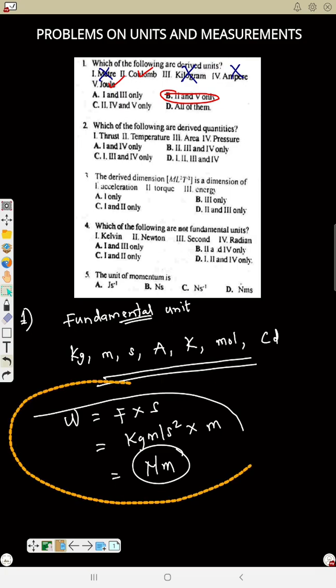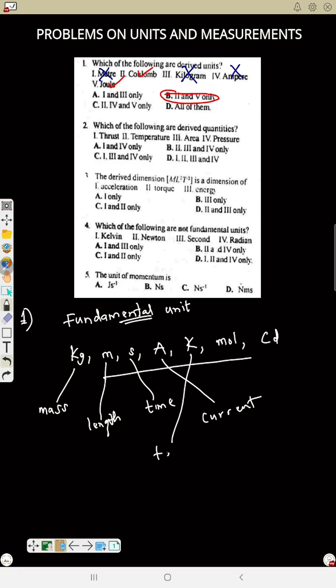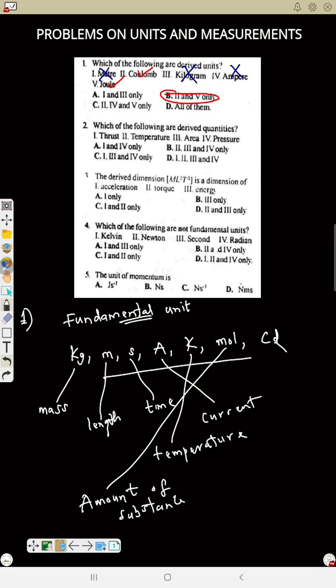Now, as we have derived units, we also have derived quantities. Derived quantities are simple combinations of the fundamental quantities. The quantity that produces the unit of kilogram is mass, meter is length, second is time, then current, temperature, mole is amount of substance, and candela is luminous intensity. Now those are the quantities that give us those units.